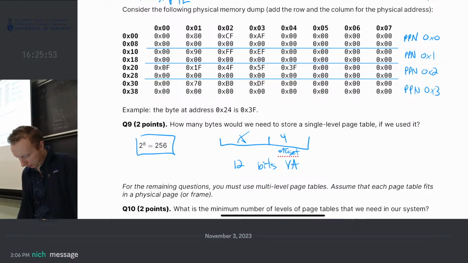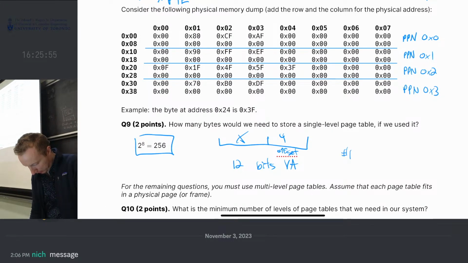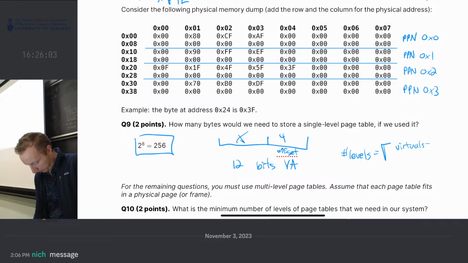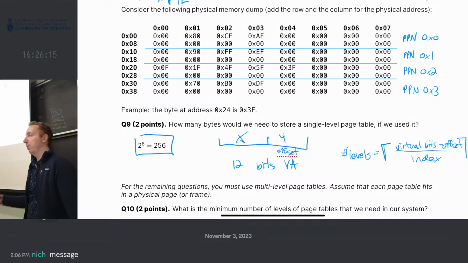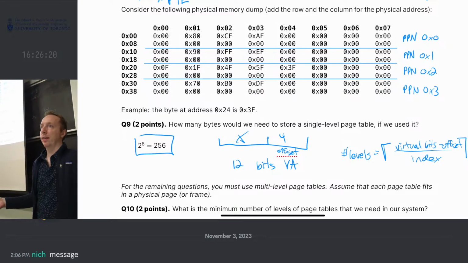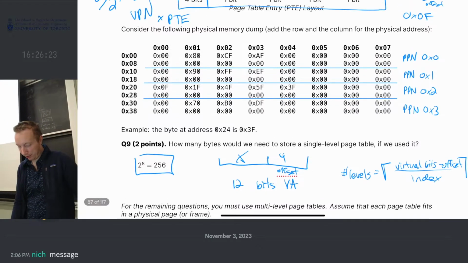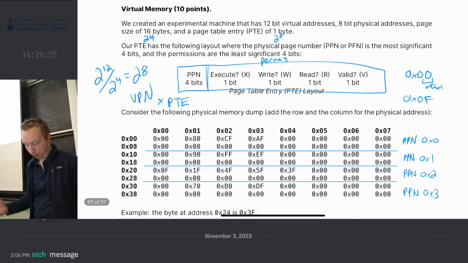Yeah, so in general, remember the number of levels we need is the ceiling of virtual bits minus offset, divided by index bits. To figure out the number of index bits, we need to figure out how many page table entries we can fit on a page. In this one, because every page table entry is just 1 byte, I can fit 16 of them on a page.